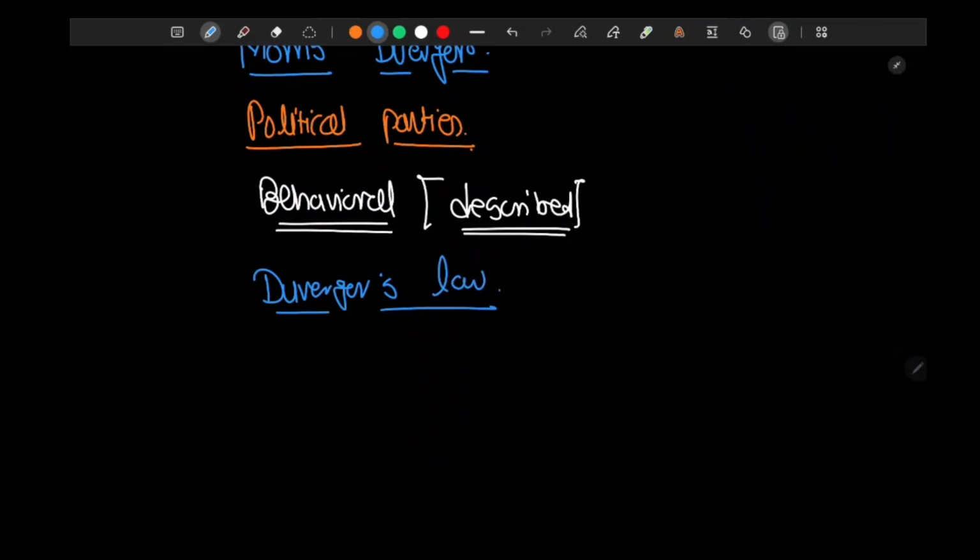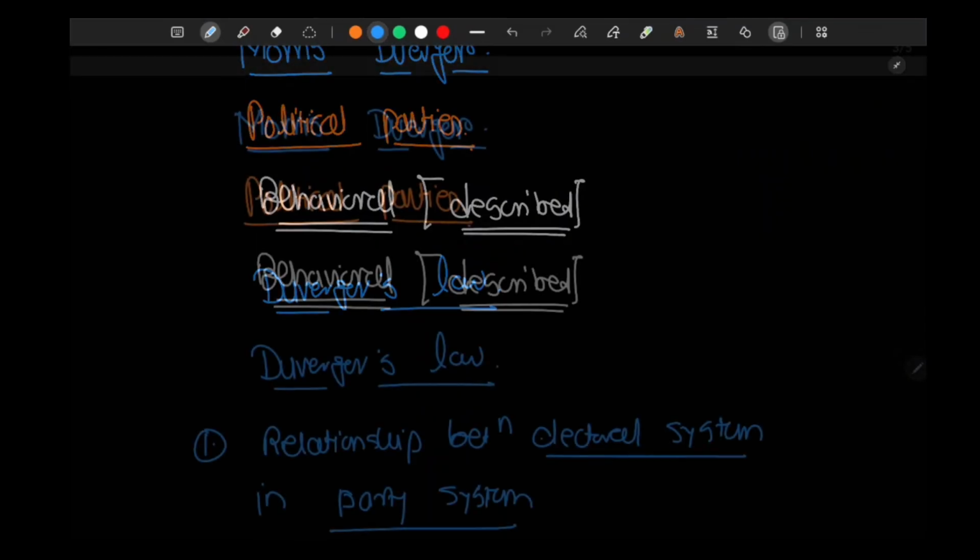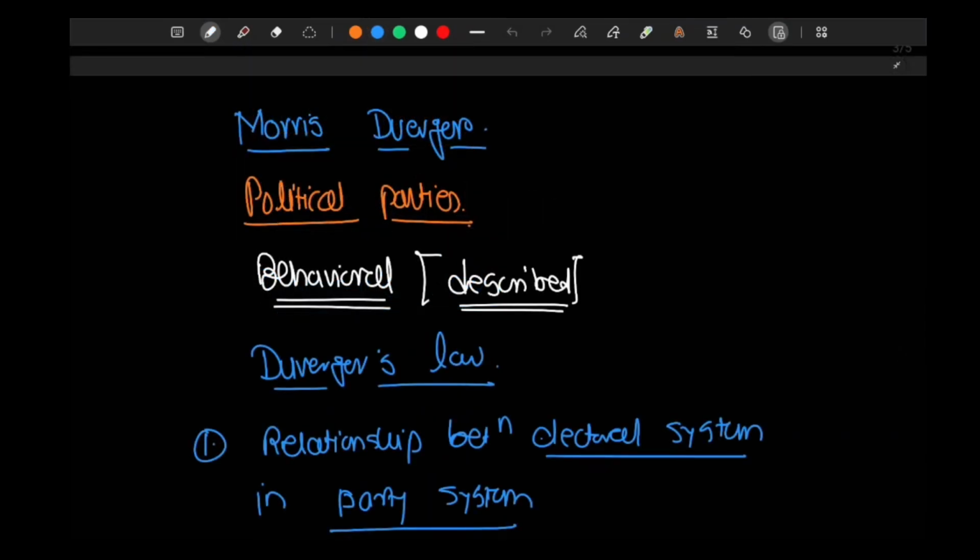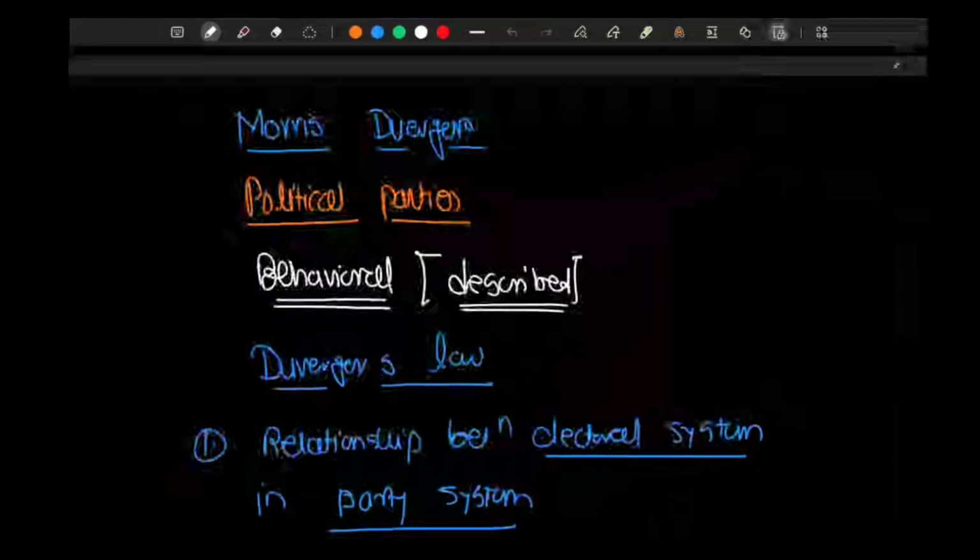Duverger's law. Now, what is Duverger's law? The next empirical theory that we have to understand is Maurice Duverger's theory. He, in his book Political Parties, has given a behavioral study of politics.